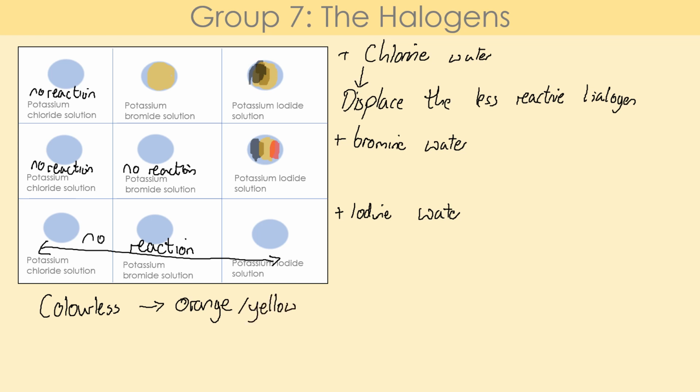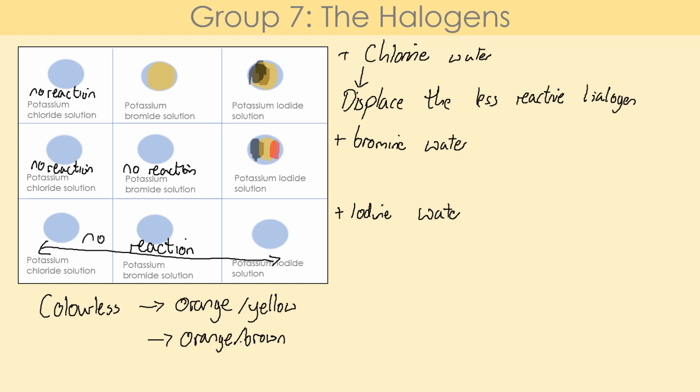And for your iodine, it goes to sort of an orangey brown. I know those colours don't completely match up to what we did earlier, but when they're in solution, they are diluted a little bit. So the colours get a little bit lighter.